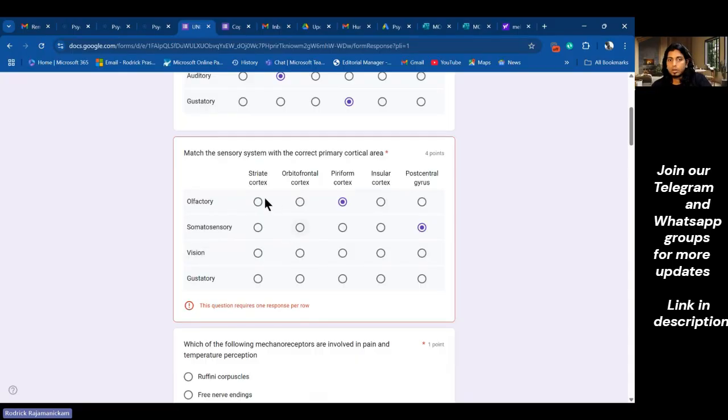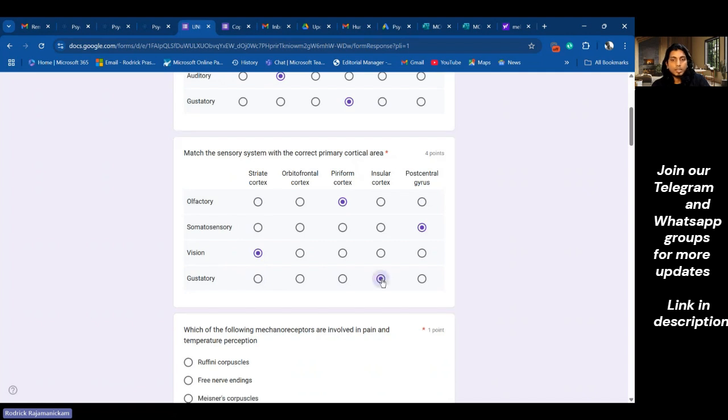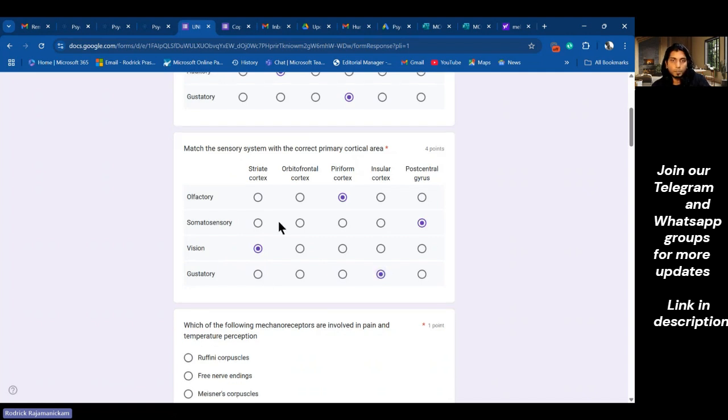Vision is your striate cortex, located in the occipital lobe. The association area is called extrastriate cortex. For gustatory, it's insular, and there are other surrounding structures also. So these are the various cortical areas and their respective sensory modalities.